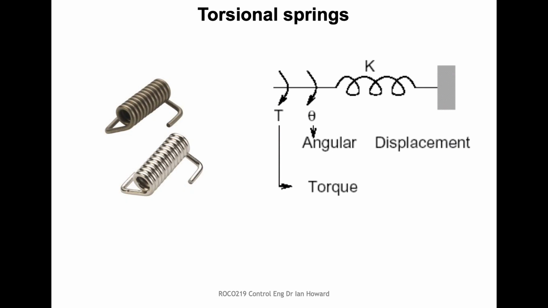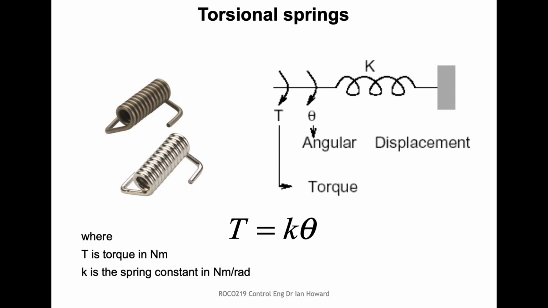In this case, the torque equals the torsional constant multiplied by the angle. And typically the torque is going to be in newton metres, and we're going to have the spring constant in terms of newton metres per radian.